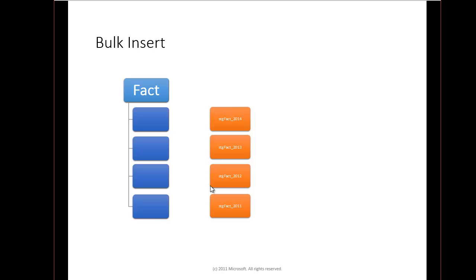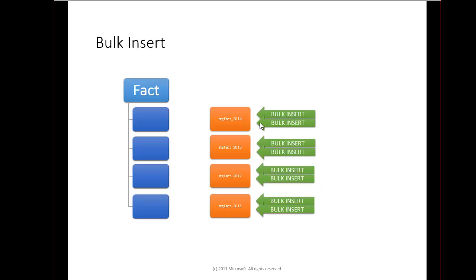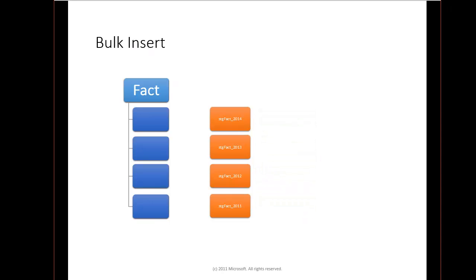I create my new partitions, my stage fact, if you will, 2014, 2013, 2012, and 2011. The final destinations are going to be in my fact table, but I can go ahead and load these guys up in parallel with parallel bulk inserts all at the same time, and then perform my switch.